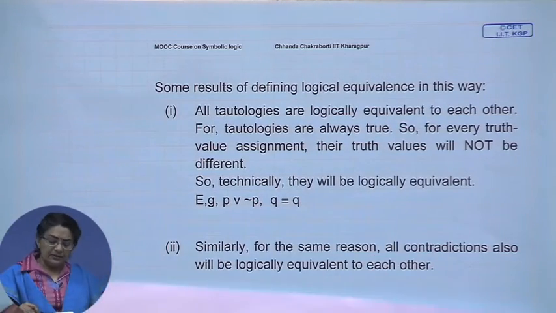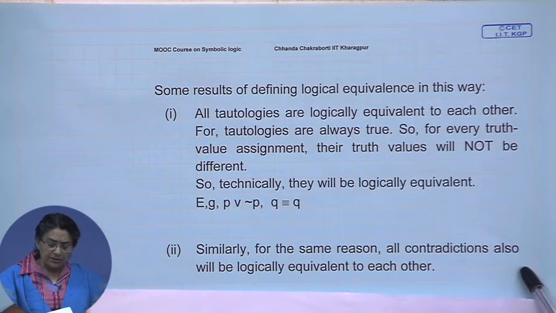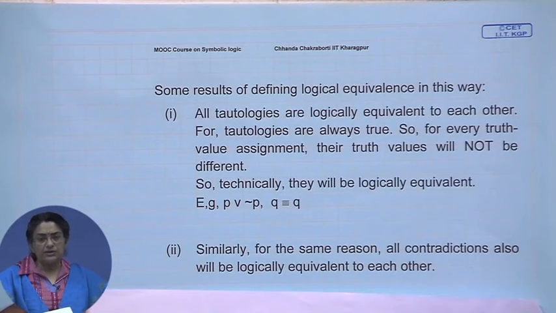For the same reason, all contradictions are also going to be logically equivalent, because contradictions are always false. So, take any two contradictions, and under every single truth value assignment, the values will never differ for those two contradictions.